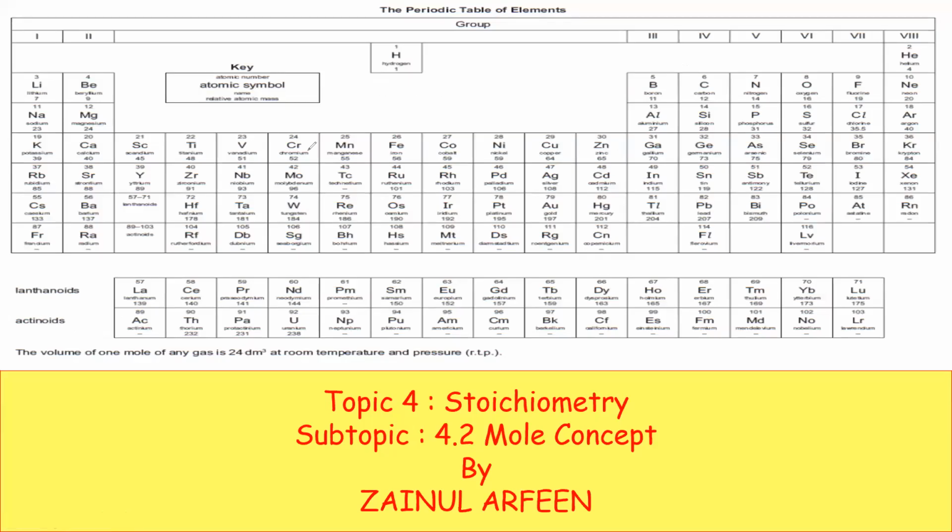When you check the periodic table, calcium is group 2, so it will be plus 2, and nitrogen is group 5, so it will be minus 3. So what is the formula of the compound? Calcium valency is plus 2 and nitrogen valency is minus 3.